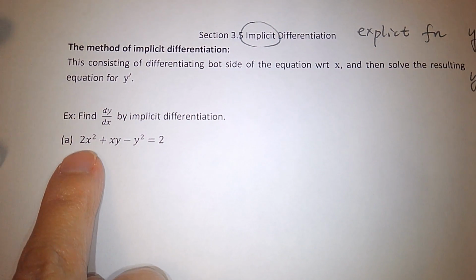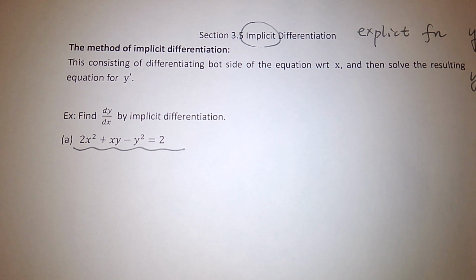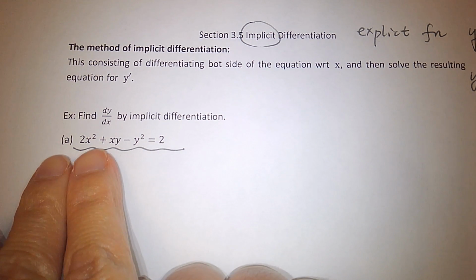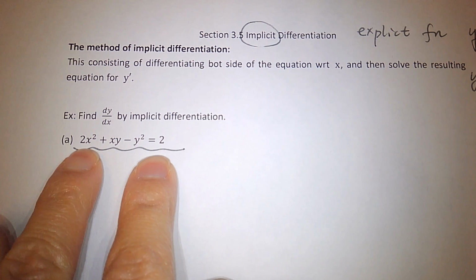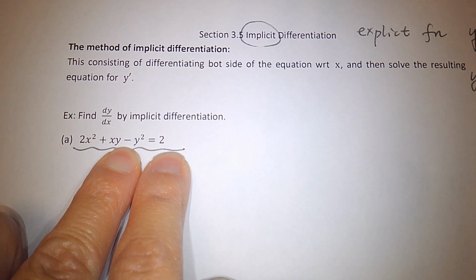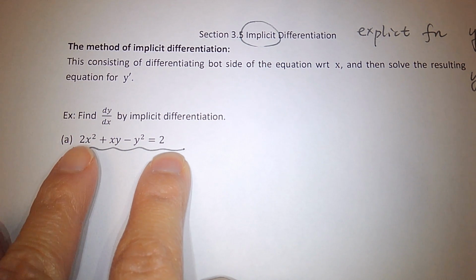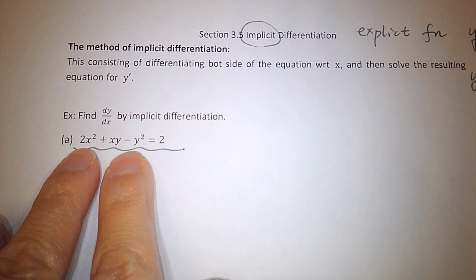Well, sometimes we may not be able to write y in terms of x explicitly. See the example: 2x squared plus xy minus y squared equals 2. We say y is a function of x, meaning y is the dependent variable and x is the independent variable.